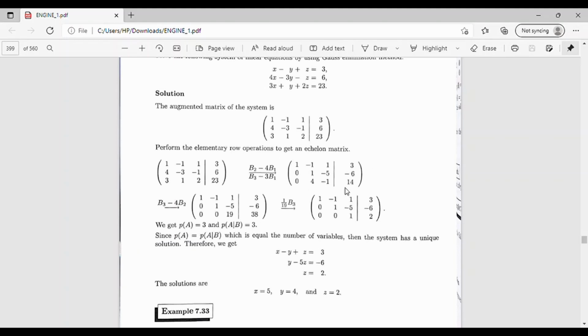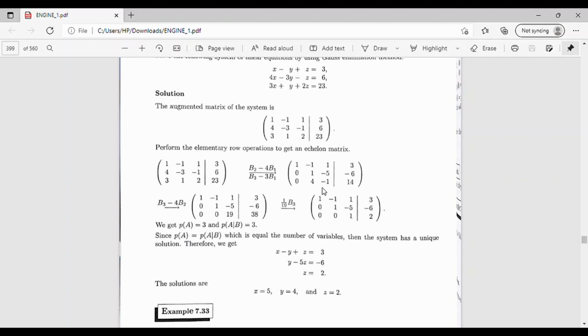Okay, so we have settled column 1. After that we need to settle column 2, which is we use row 3 minus 4 times row 2, and we use this equation to make sure this number 4 is converted to 0.